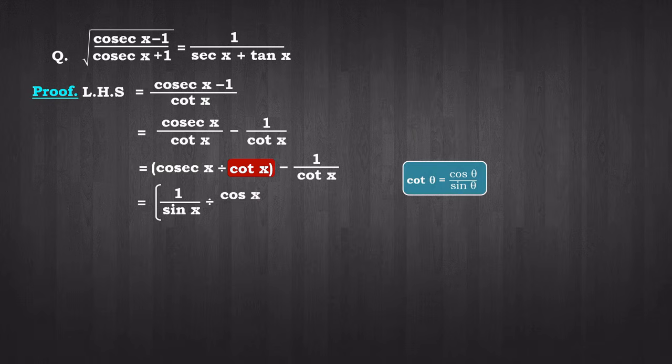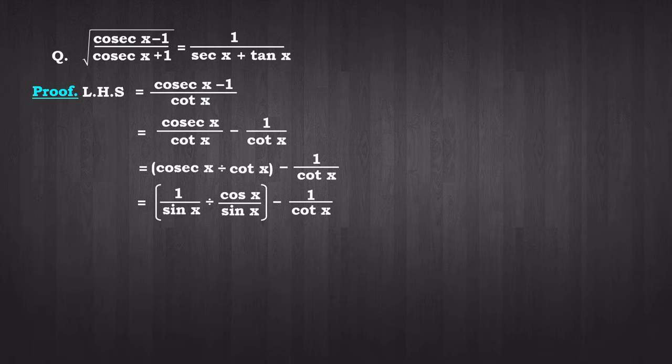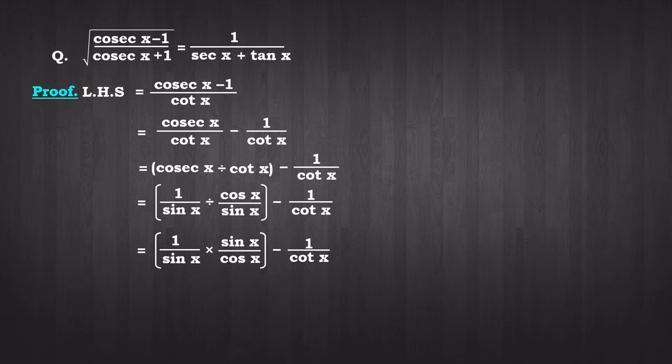Substitute these values. We get (1 upon sine x) divided by (cosine x upon sine x) minus 1 divided by cotangent x. Dividing by a fraction is the same as multiplying by its reciprocal. So, 1 upon sine x multiplied by sine x upon cosine x, minus 1 divided by cotangent x.